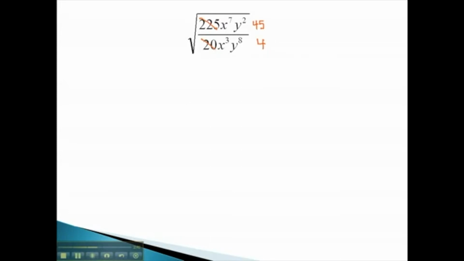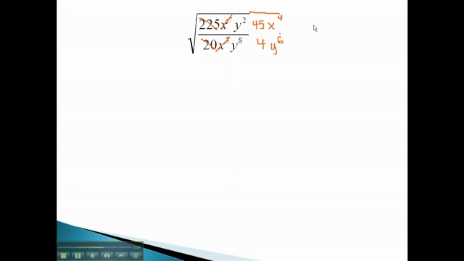On the variables, you may remember that we need to subtract exponents. X to the 7th over x to the 3rd is going to be x to the 4th. When we subtract with the y's, 2 minus 8, we get negative 6. Because this is negative, we'll put the y to the 6th in the denominator.